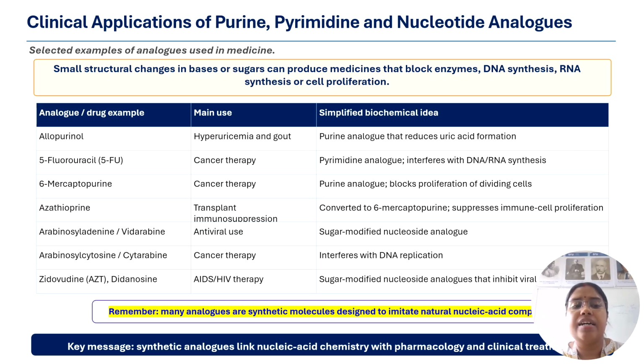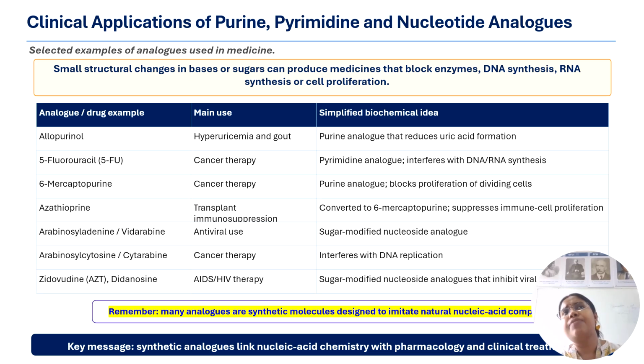So these are the different types of analogs or drug examples, like allopurinol, 5-fluorouracil, mercaptopurine, etc. That actually helps for cancer therapy, or some gut problems, or dideoxyadenosine is helpful for AIDS or HIV therapy.